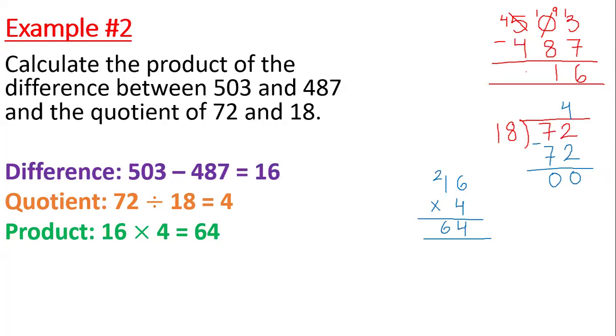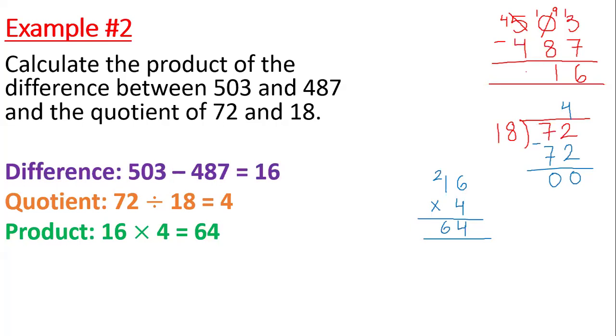Nevaeh, do you understand how I got my answer? Yes, sir. Tell me how I got it. Okay, so first you subtract 503 and 487, which equals 16. Good.